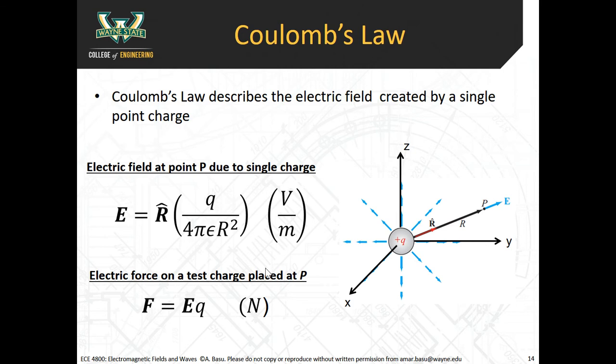What type of surface could we draw around this charge where the field would be equal everywhere? Yeah, exactly. A sphere. The Gaussian surface will be a sphere. Knowing that, see if you can apply Gauss's law using a Gaussian surface of a sphere.